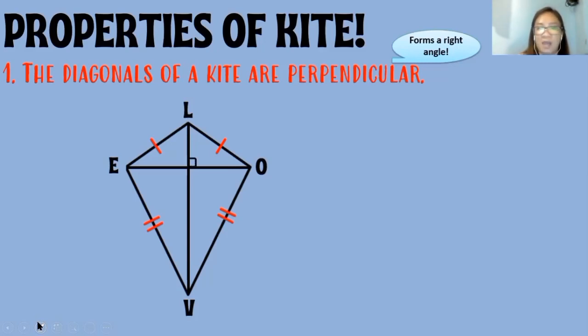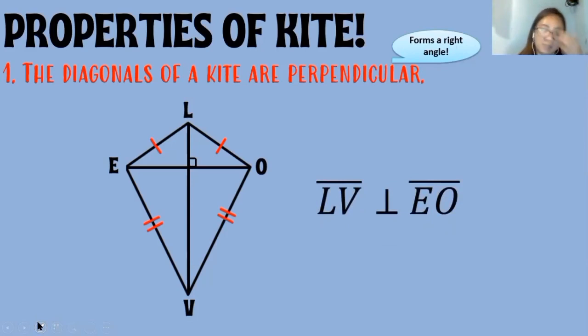That is why we have placed an L-shaped figure there, to indicate that the angle formed is a 90-degree angle. With that, we can say that segment LV is perpendicular to segment EO. The inverted T between segment LV and EO is the symbol for perpendicular.